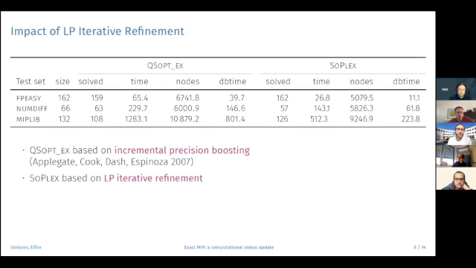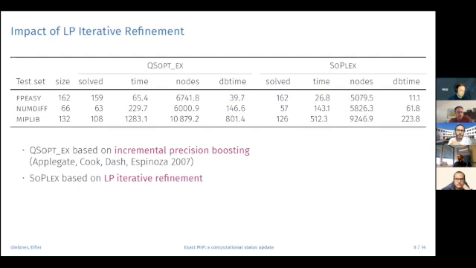Previously, we had QSOPT-X, which has a form of incremental precision boosting implemented. So basically, it solves floating point LPs at double precision, quad precision, and increasingly high levels of precision until the basis is optimal. And Soplex also solves floating point LPs, but always on double precision level, and can use this iterative refinement strategy to increase the accuracy.